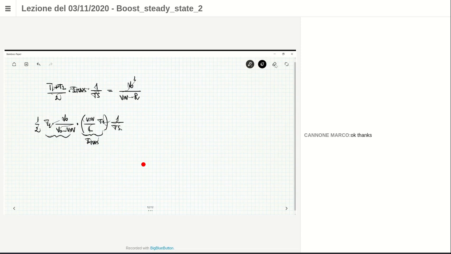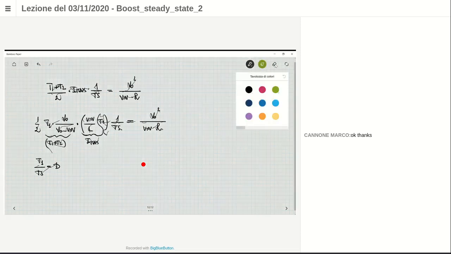Okay, this one. This is T1 plus T2. Okay, and this is equal to V naught square divided by R. T1 over Ts. This is the definition of duty cycle.